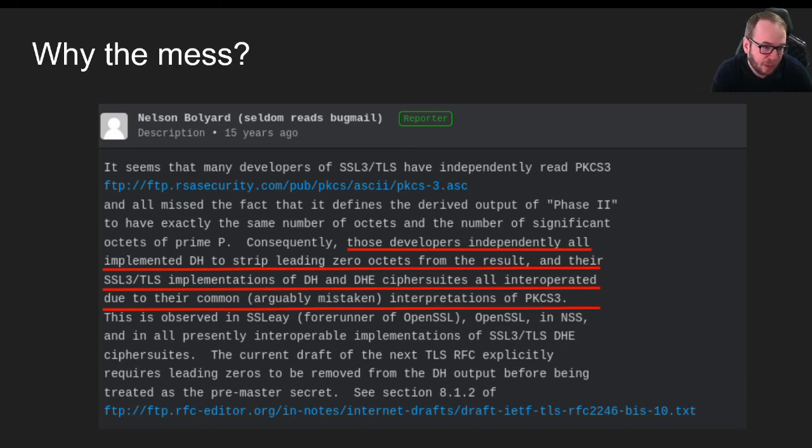So if one implementation implements it one way and another implements it another way, they are probably interoperable most of the time, but sometimes the connections break. At the time this was noticed, they were all already interoperable with each other. So when they defined TLS 1.0 in 1999, they just said, okay, let's also remove leading 0 bytes in TLS 1.0 so that we are interoperable with the old SSL3 code and do not need to change so much.